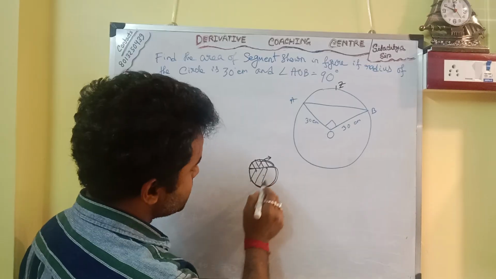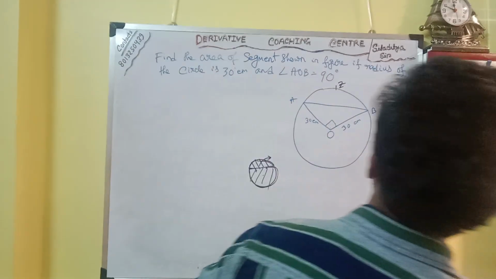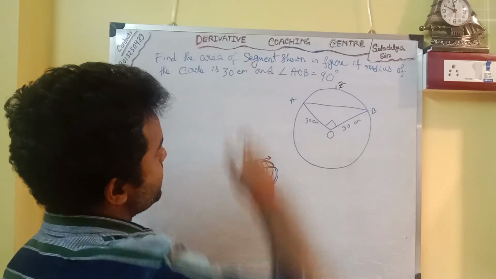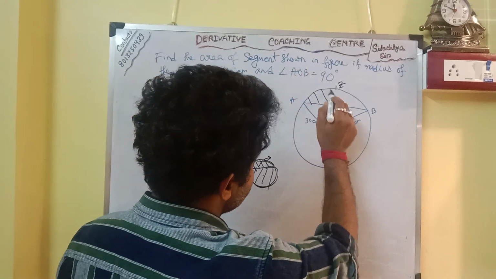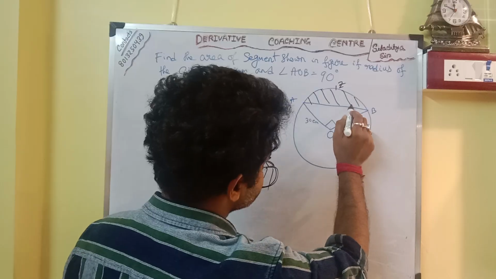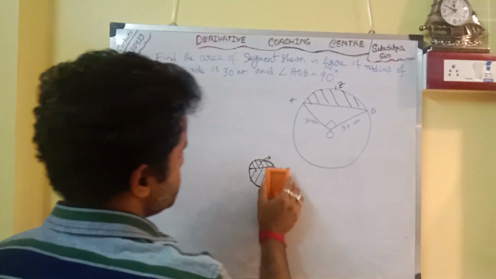And this is called the major segment. So you have to find the area of this minor segment. Okay, so now we are going to solve this problem.